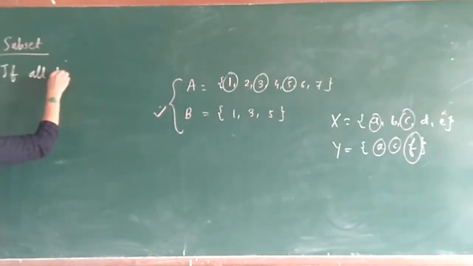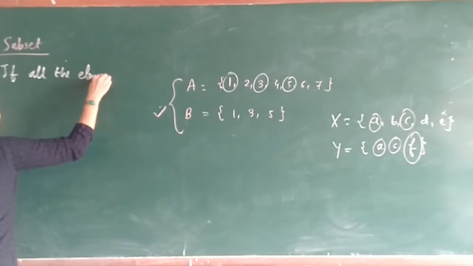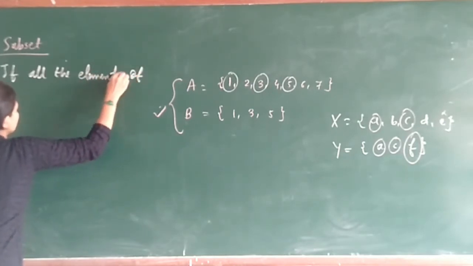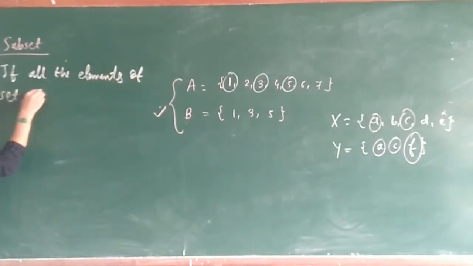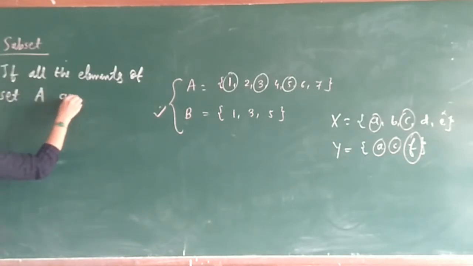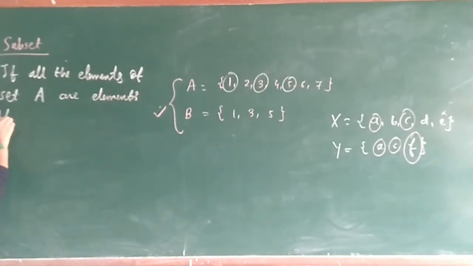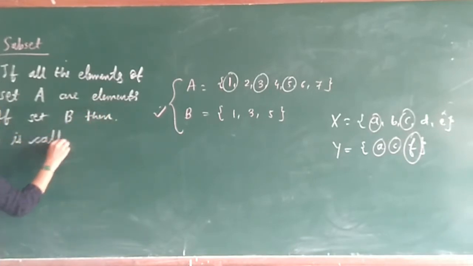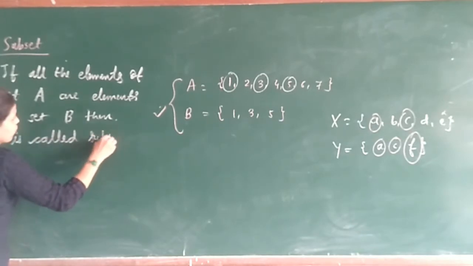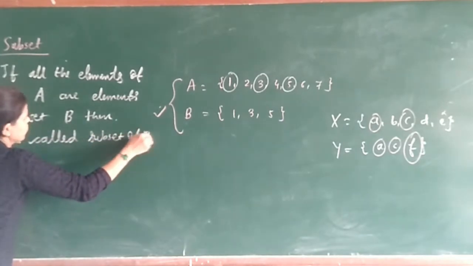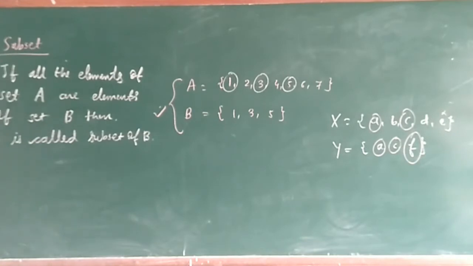If all the elements of set A are elements of set B, then A is called a subset of B. So here we have the first definition of the subset. We can say A is a subset of B if all the elements of A are in B.